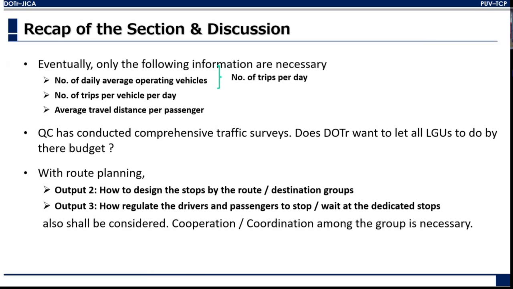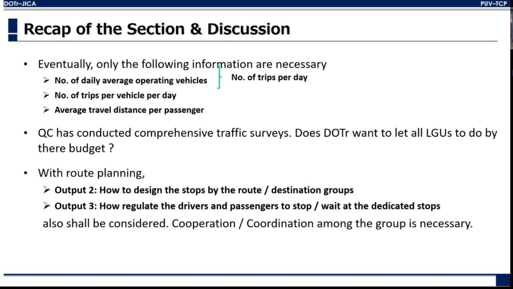And this one is just a recap of the last sessions. Eventually, only the following information is available: the number of daily average operating vehicles and the number of trips per vehicle per day. So some work for the route planning can be implemented.